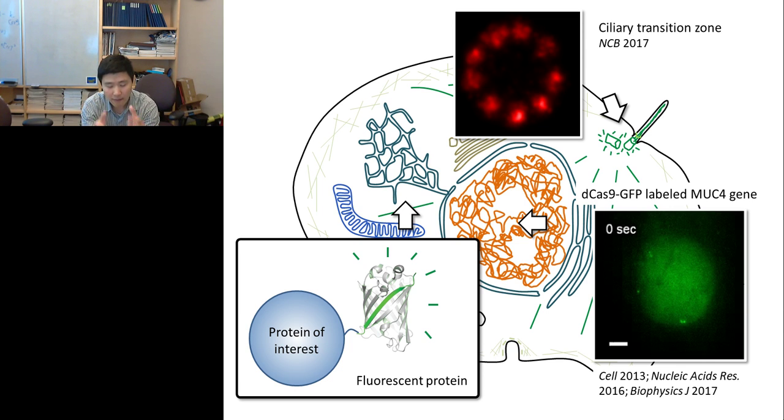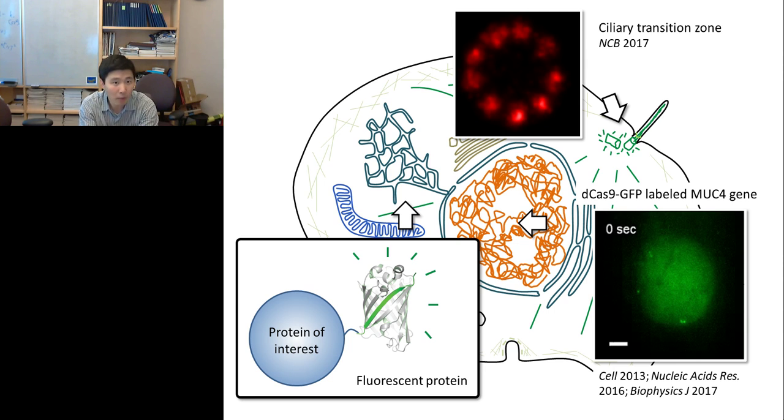If we want to follow a protein of interest in a living cell, what we typically do is make a fluorescent protein fusion construct. This protein of interest is fused to a fluorescent protein, and then we express this fusion construct in a cell.